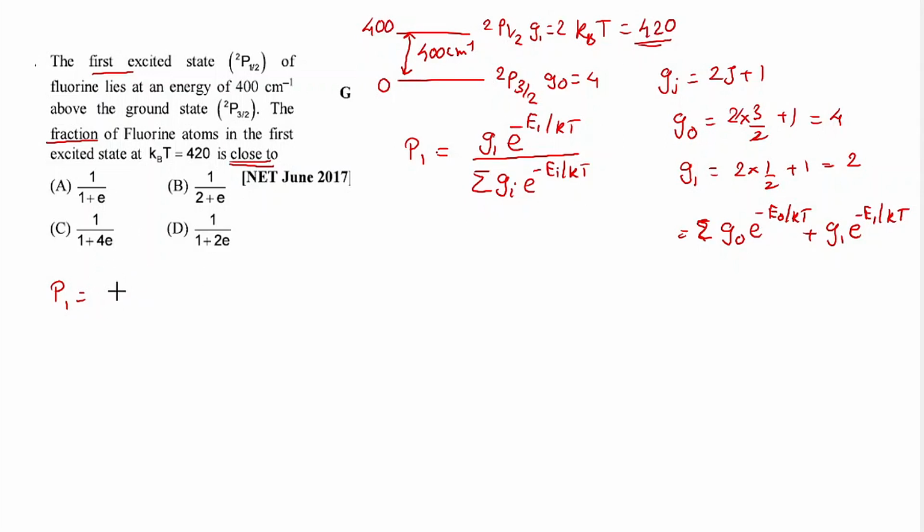So we will have 2 into e raised to minus E1 upon KT, where E0 is 0 and E1 is 400, and we are given KT as 420.